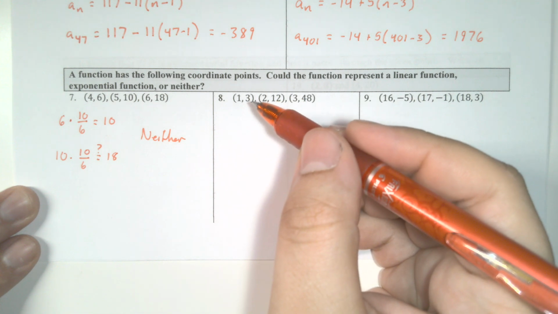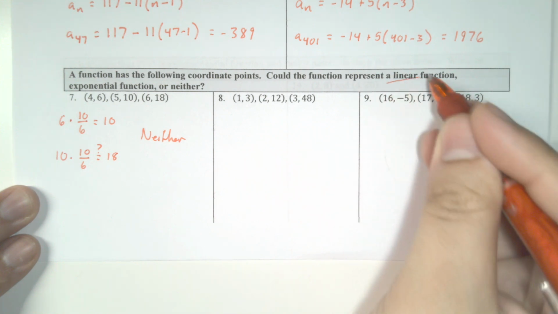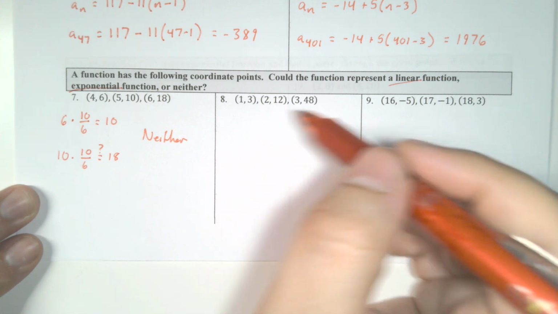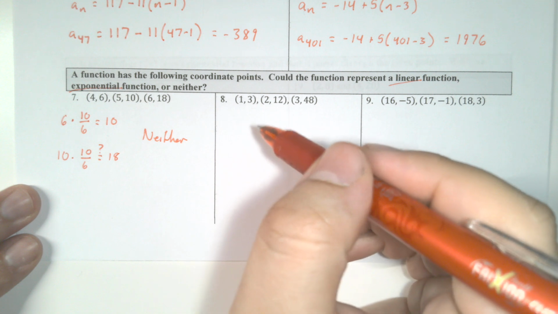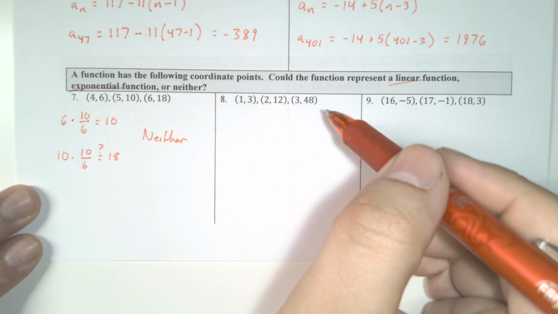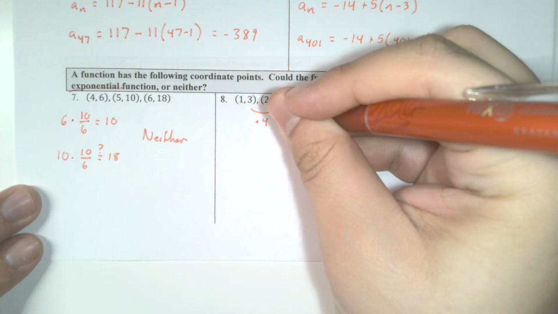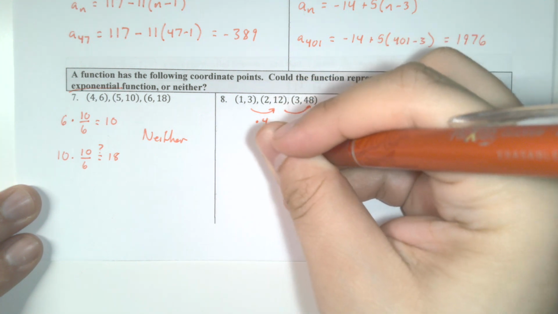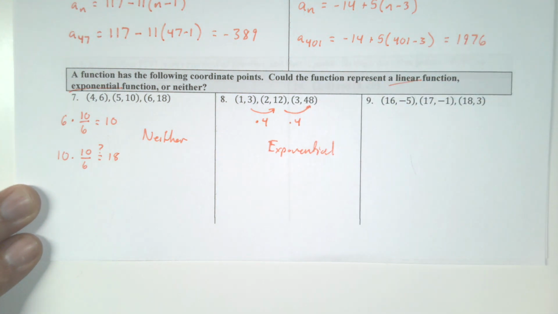Or, sorry, we're using linear and exponential, so this is not linear. Now, what about exponential? Well, 3 times 4 is equal to 12, and 12 times 4 is equal to 48. So, since we are multiplying by 4 every time, this is an exponential function.